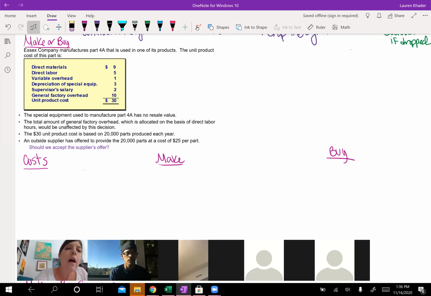So Essex Company manufactures part 4A that is used in one of its products. The unit product cost of this part is $30. So it includes all of these costs. So this is the internal cost to create part 4A. The special equipment used to manufacture part 4A has no resale value.